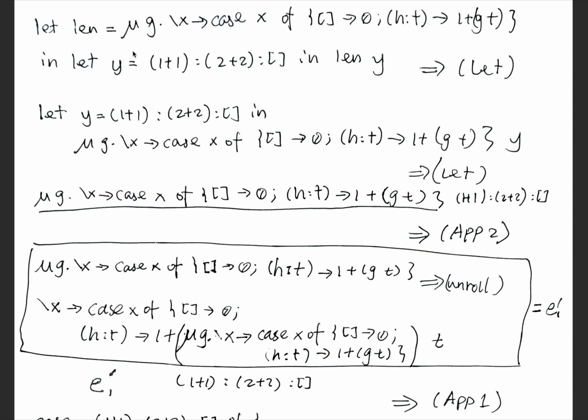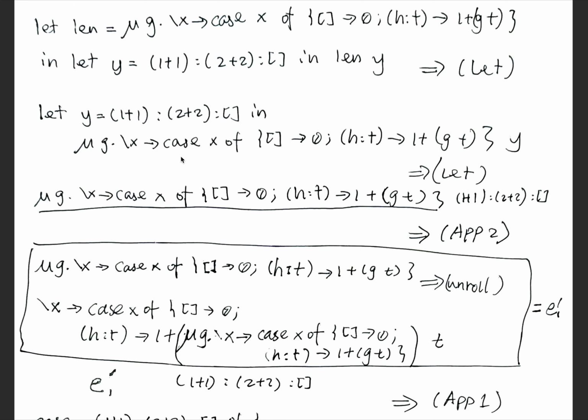We simply replace the length by its right hand side in the body of the let expression. So we obtain let y equals this in μg.λx. case x of the pattern matching applied to y, and we replace the use of length by this entire expression.